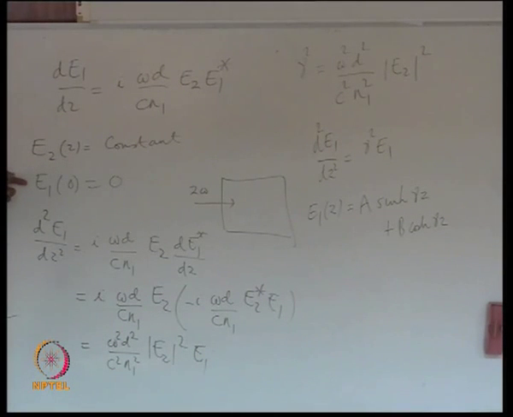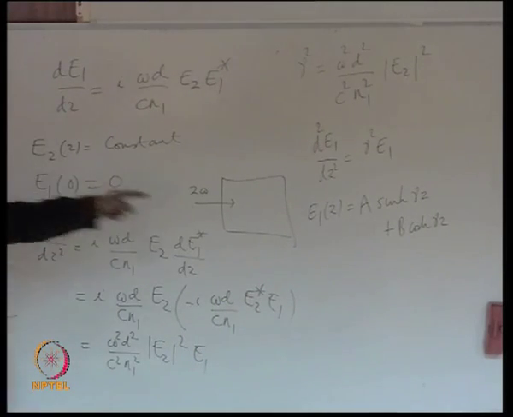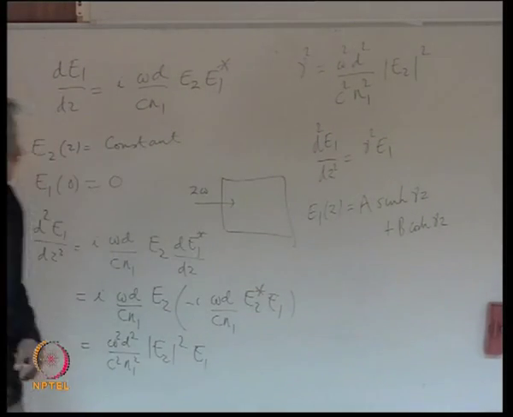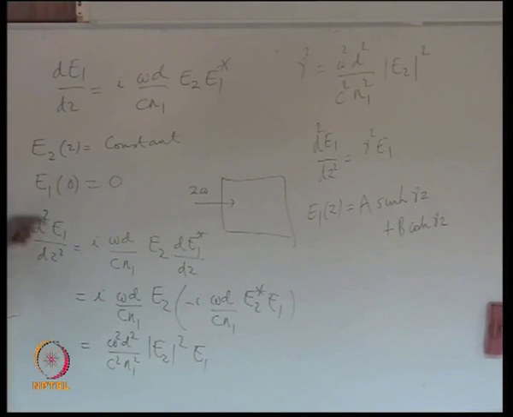Because E1 of 0 is 0, constant b must be 0.